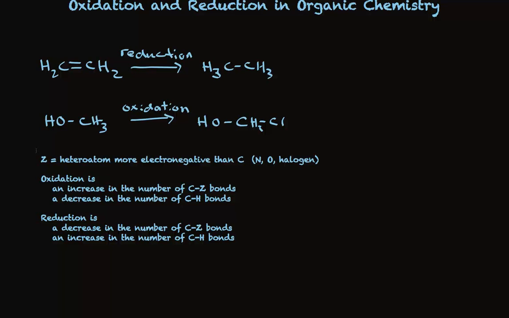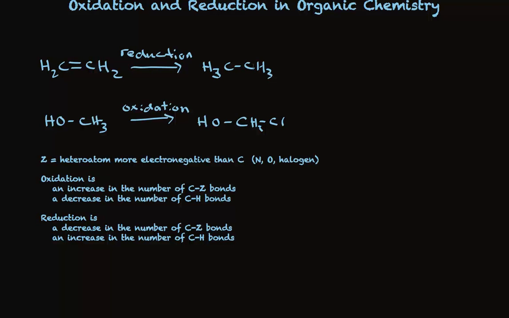So if you look at the examples up above, in this first case, there are 1, 2, 3, 4 carbon-hydrogen bonds, and 1, 2, 3, 4, 5, 6 carbon-hydrogen bonds in the product. There's been an increase in the number of CH bonds, and that fits our definition of reduction.